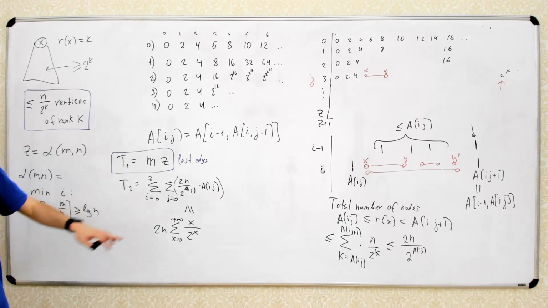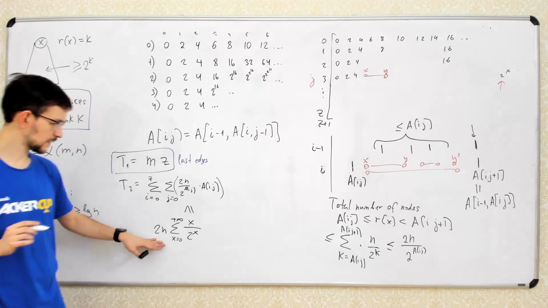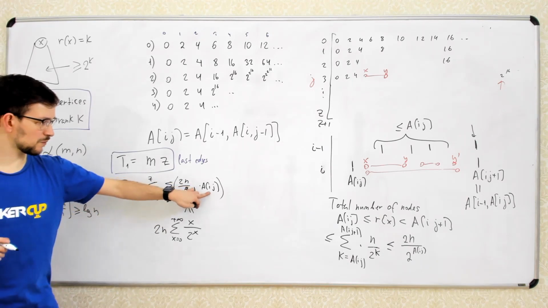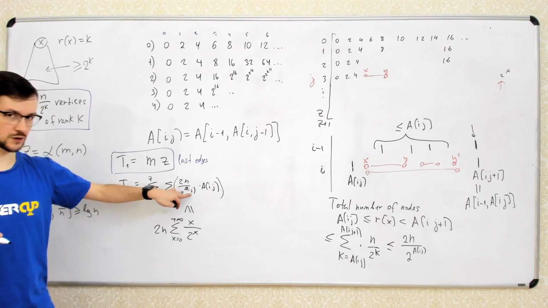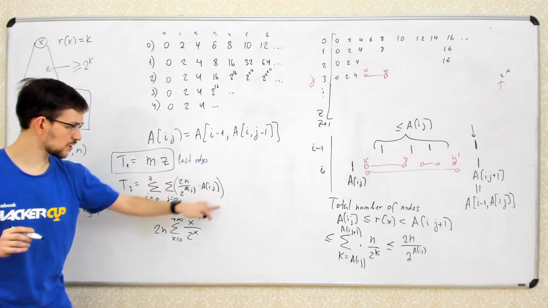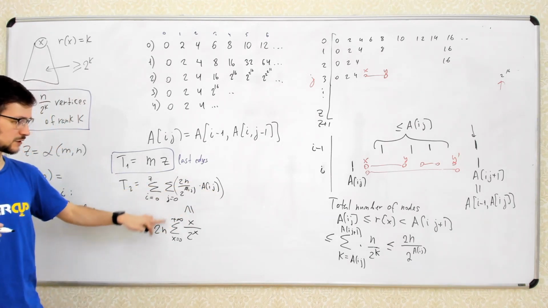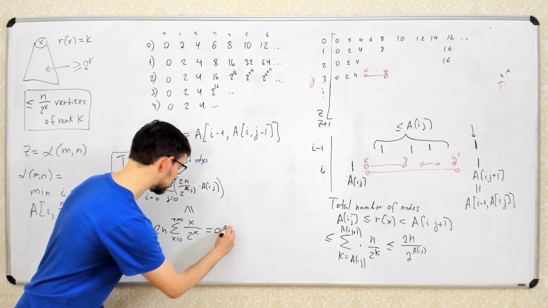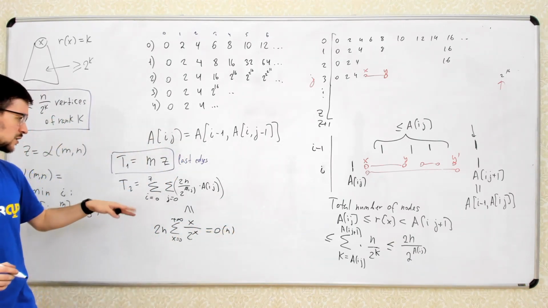This sum is sum of something divided by 2 in the power of something. So I will change this sum with this series, and the sum of this series will be big O of n. I'm not sure about the constant. Some constant doesn't matter.